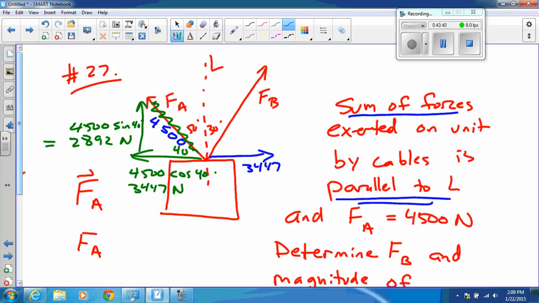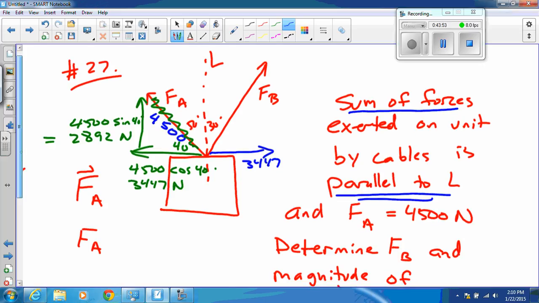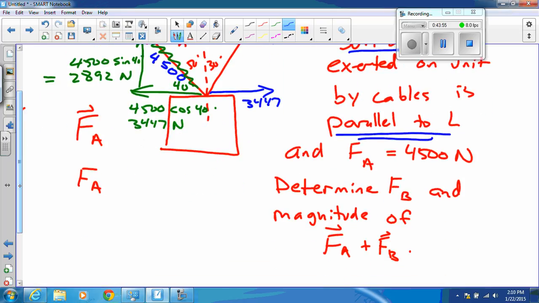Okay. How would that help me to find FB though? I'm missing still a y component. What you got? So now you have r cosine of 60 equals 3,447 for FB. Good. And then you just solve for r.